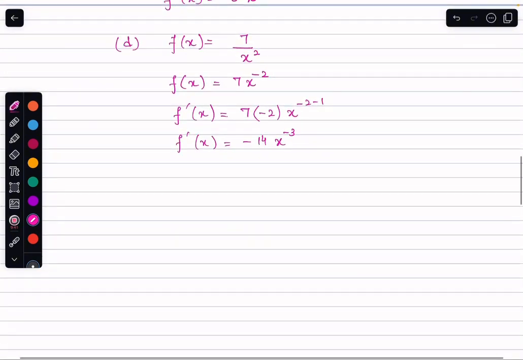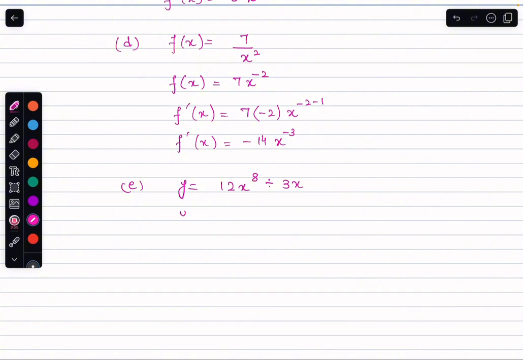So let's say you are given y equal to 12x to the power 8 divided by 3x. Now obviously we can simplify this y value, and we can say it's 12 divided by 3 giving us a 4, and then x to the power 8 divided by x can be solved as x to the power 7.